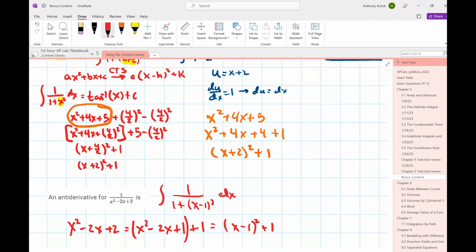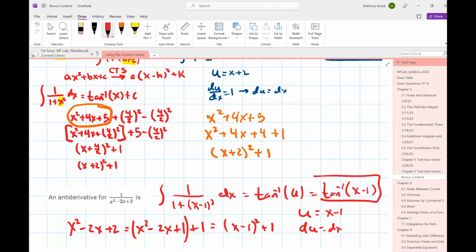So it's a u substitution problem. The u is going to be x minus 1. Du is just going to equal dx. So this is going to be tan inverse u, or tan inverse (x minus 1).